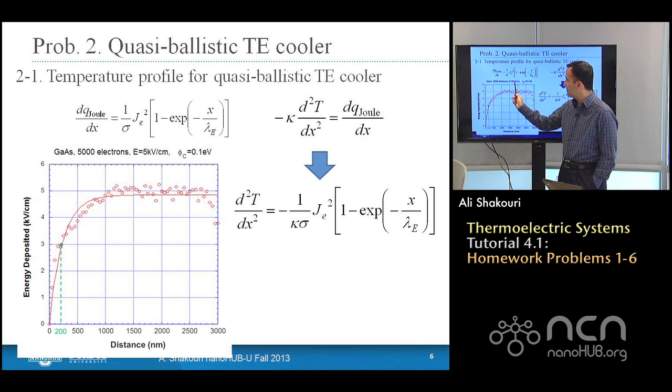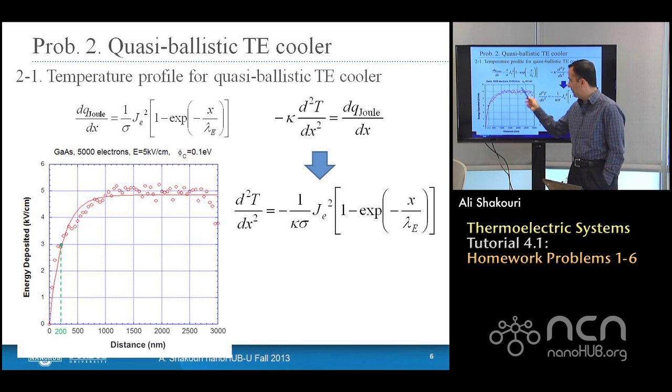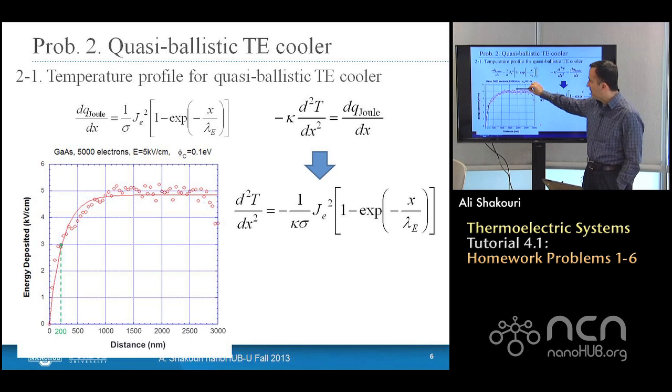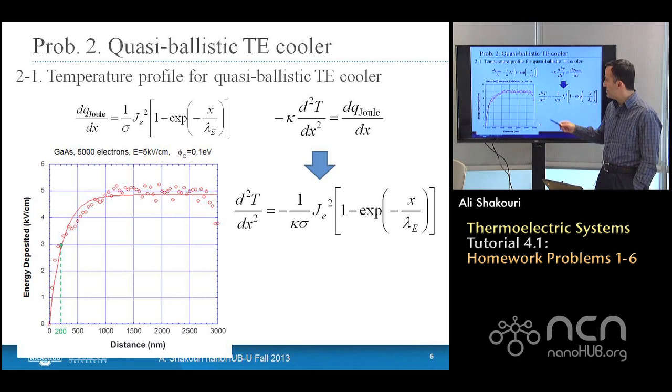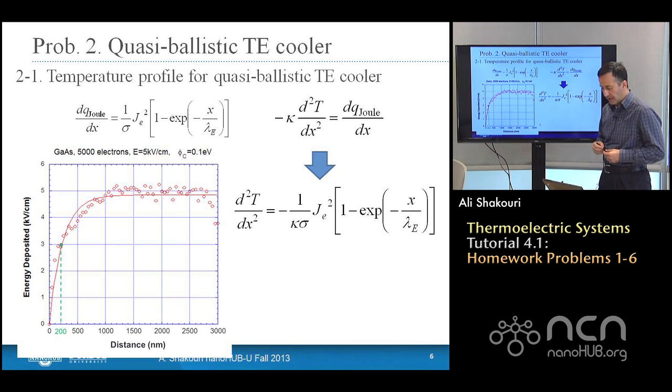The electric field applied was 5 kilovolts per meter, and here is the external electric field, and here is some sort of a fitted curve. When you do fitting, there are always small errors because this is Monte Carlo with 5,000 electrons, so you have some errors related to that, but approximately you get this type of fitting.